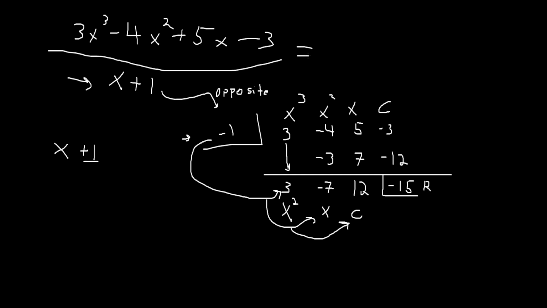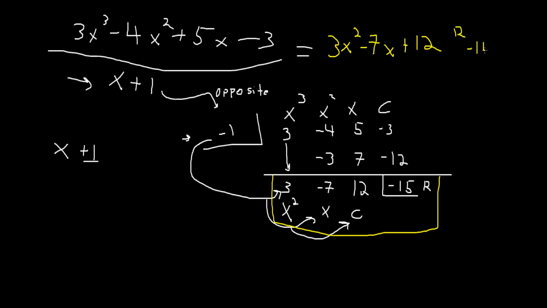If we did all this using long division, we would wind up with our answer being what we have on the bottom over here: 3x squared minus 7x plus 12 with a remainder of -15.